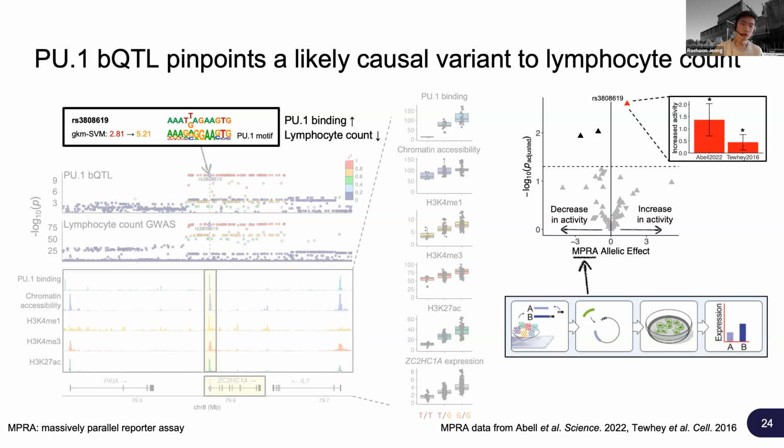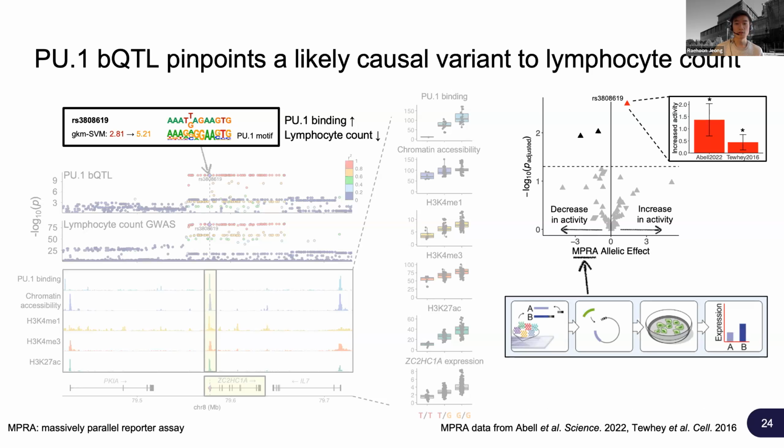To investigate whether RS38 is really likely to be the causal variant, I dug through available reporter assay data. Massively parallel reporter assay, or MPRA, concurrently tests the regulatory activity of sequences that are typically hundreds of base pairs long. And we can use this assay data to test whether the sequences with one allele or the other show difference in reporter activity.